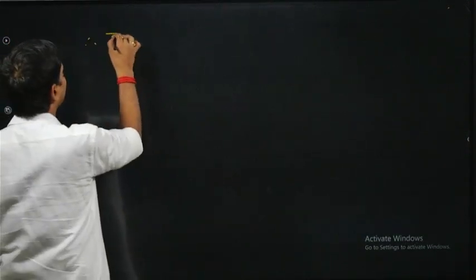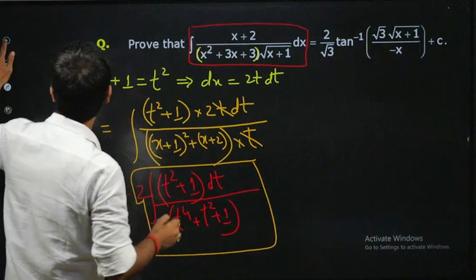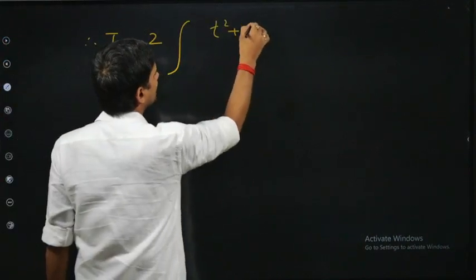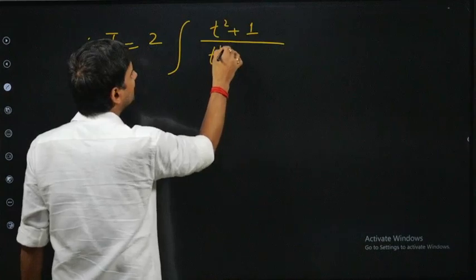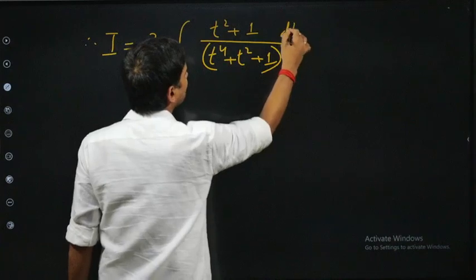Therefore our integral is, I will take 2 out of the integral sign, and then this is (t square plus 1) upon (t raised to power 4 plus t square plus 1). Now the denominator is a very special case.